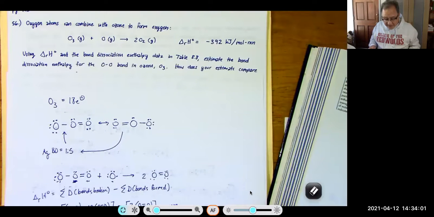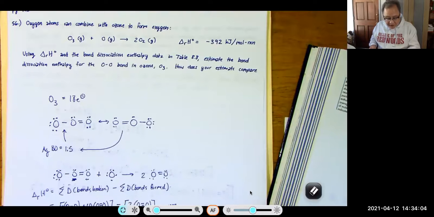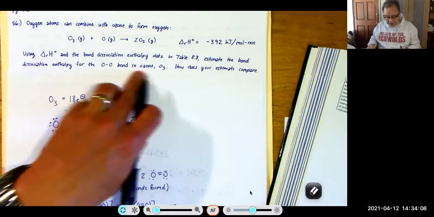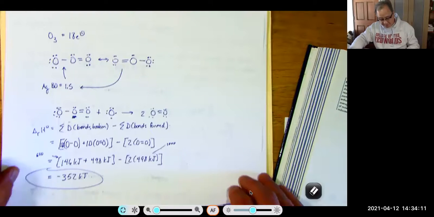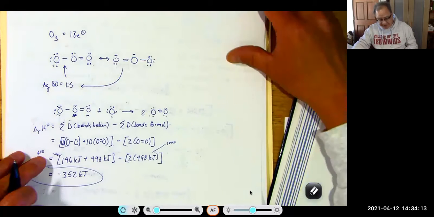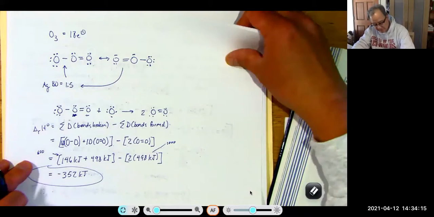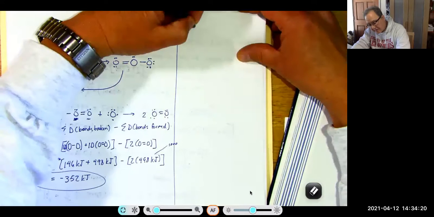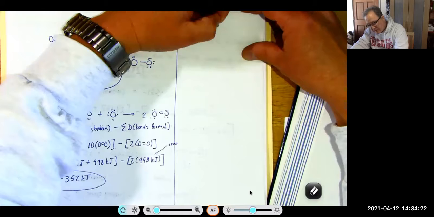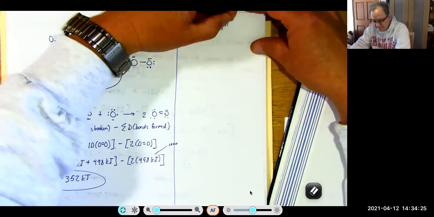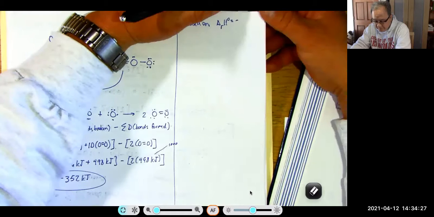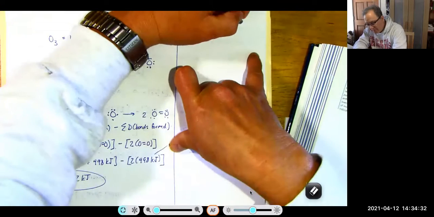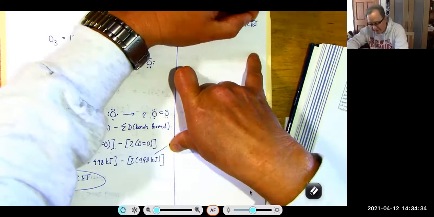Now, it actually says estimate the bond dissociation enthalpy for the OO bond in ozone. So we're going to do this another way now. So this is a given.